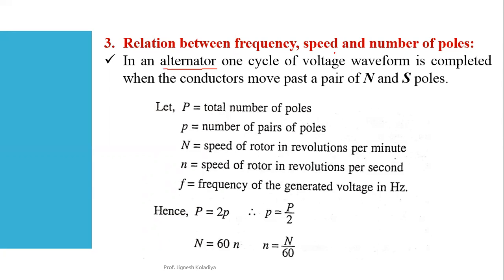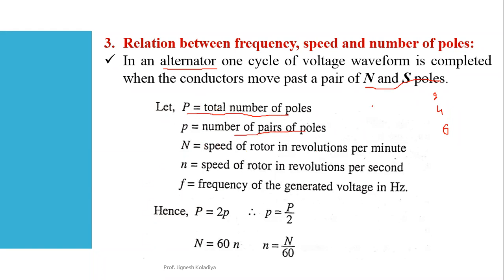Different types of alternators are there; we are not going in depth in that. 2-pole machine, 4-pole machine, 6-pole machines are there, right? Here N and S means 2 poles are given, 1 pole pair is given. Capital P is the total number of poles, small p is the number of pole pairs.